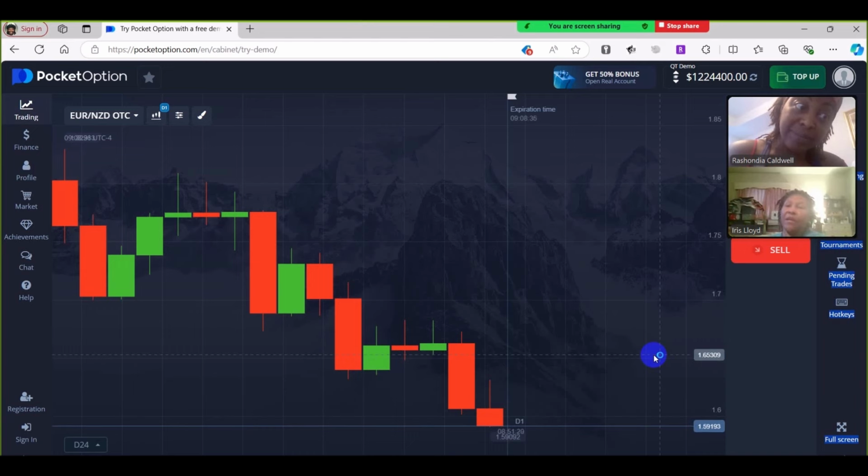You're looking at the big picture, and you don't have to stress about creating a whole other candle and losing your place.